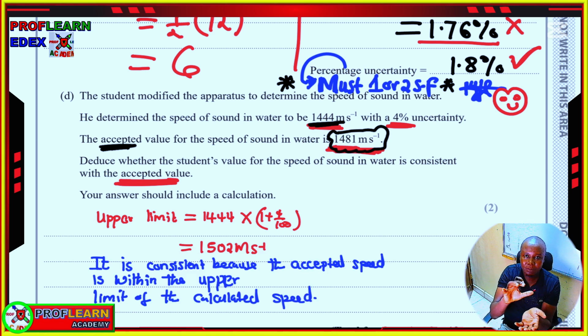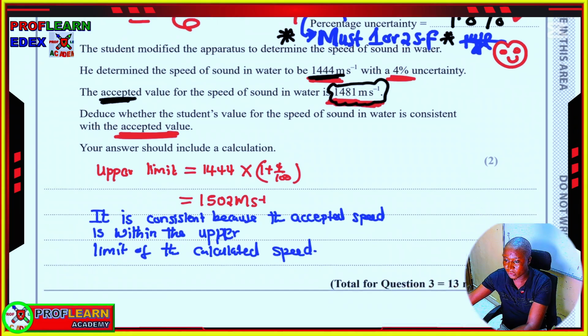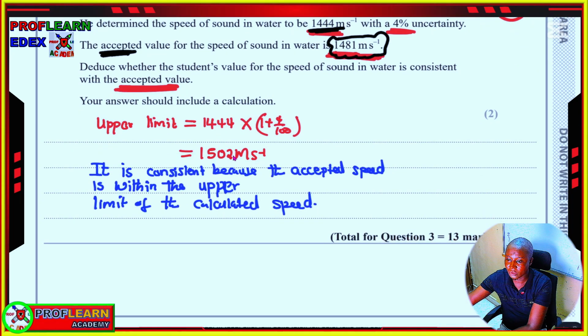If the accepted value is within the upper limit of the calculated value, then we can say it's consistent. If you work it out, you are going to get your answer as 1502.